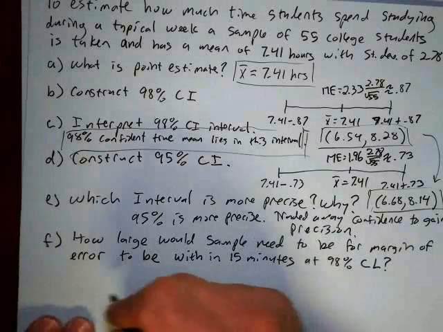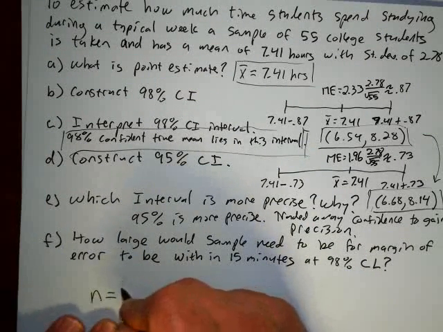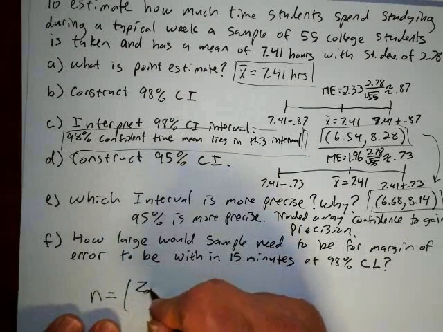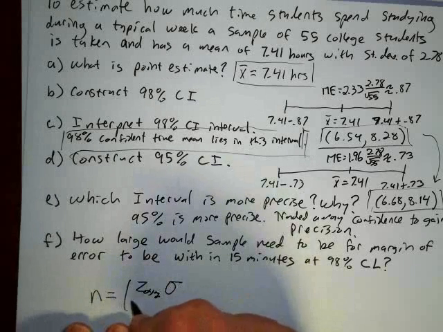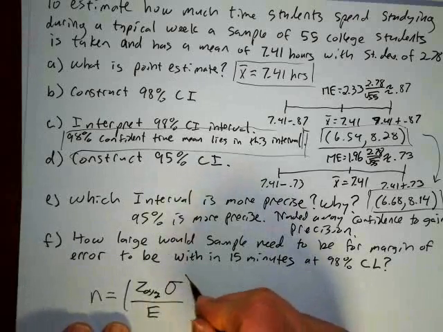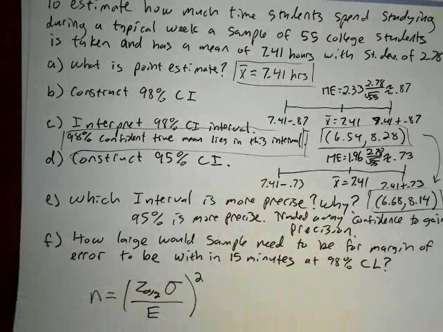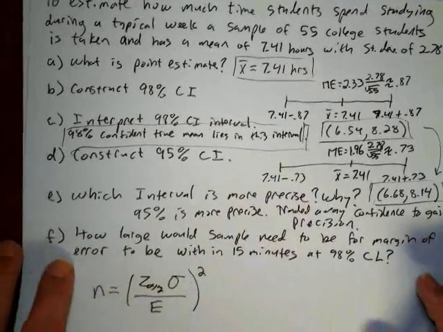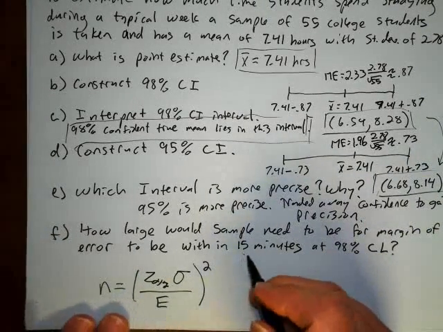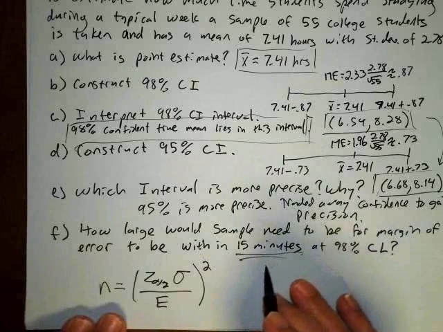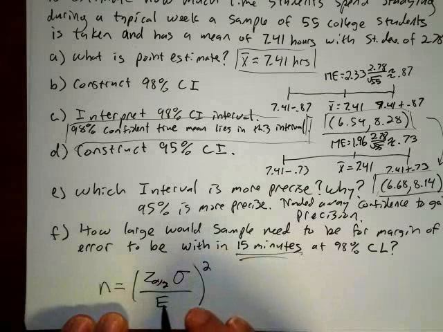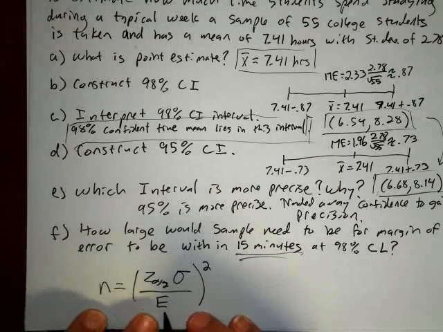Okay? So we have this formula, if you remember. It's the critical z-value times the standard deviation divided by the desired margin of error, squared. Now I was a little tricky here. I don't know if anybody noticed this, but I said 15 minutes. So you may have put 15 down here and got an answer that didn't look very correct.